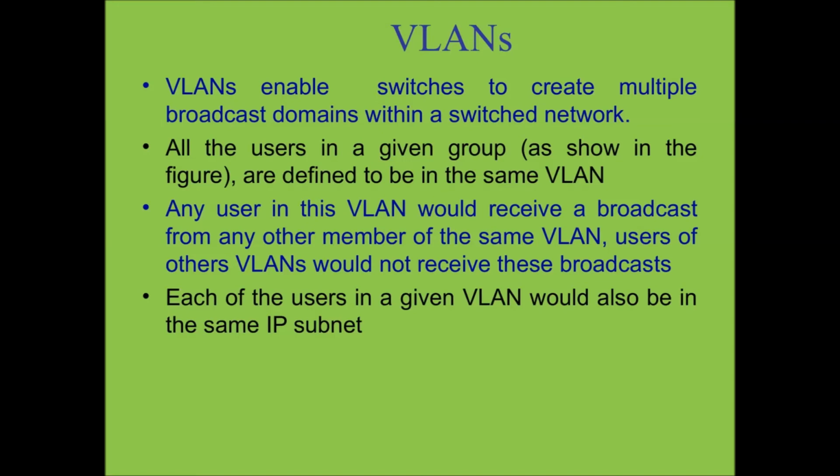And if class C addressing scheme is being used for any other department, any other VLAN, then all the users in that VLAN must configure the same IP addressing scheme for all the users of that subnet, of that VLAN.